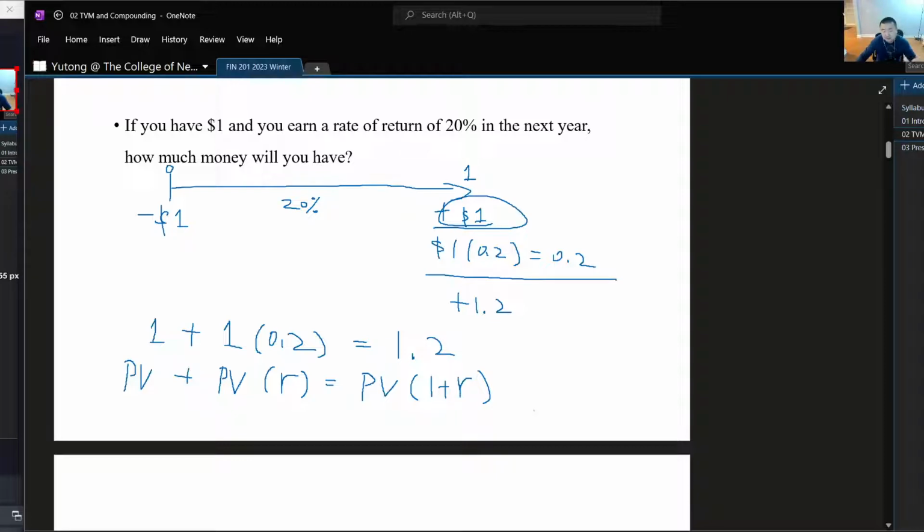This is basically saying for every dollar you're investing, you're going to get $1.2 in the end, right? Try to recall what you watched in the last video, where we said you can interpret a return in two ways. Number 1 is as the percentage of your dollar profit on your initial investment, which is the present value in this case. The other way is to think, for every dollar I invest, I'm going to get a certain amount of money in total in the end.